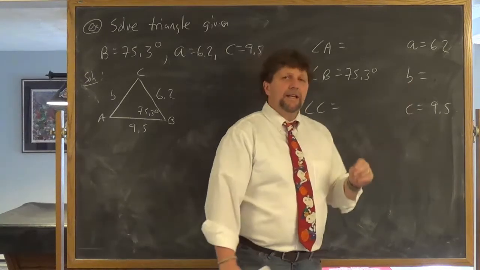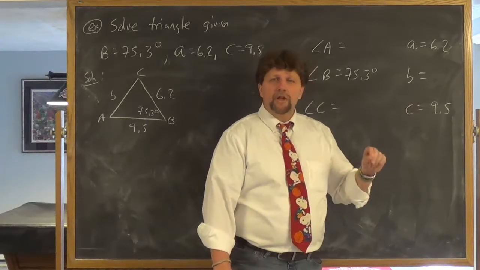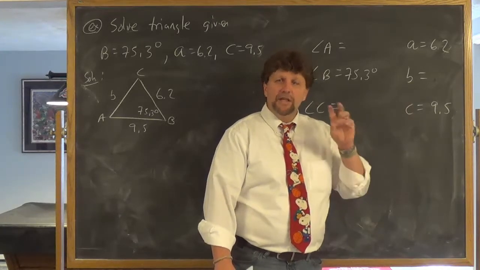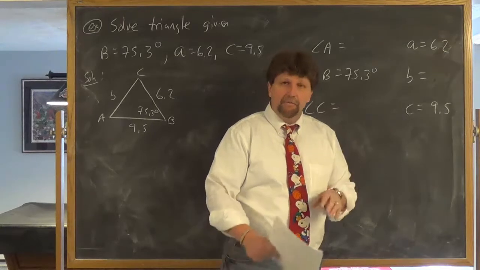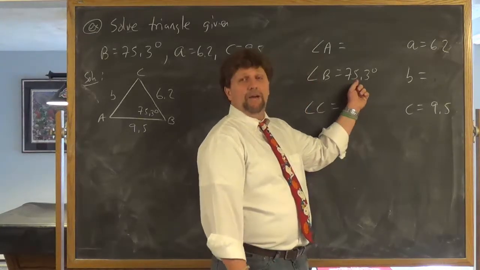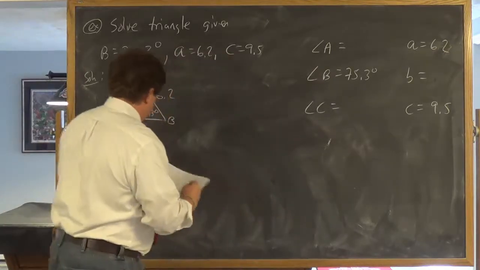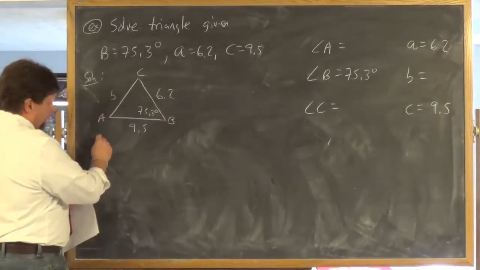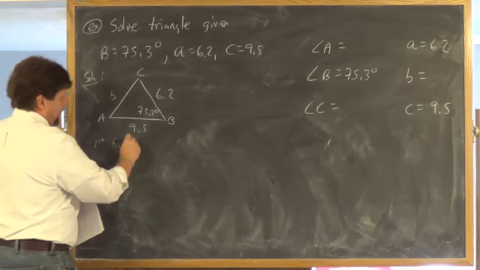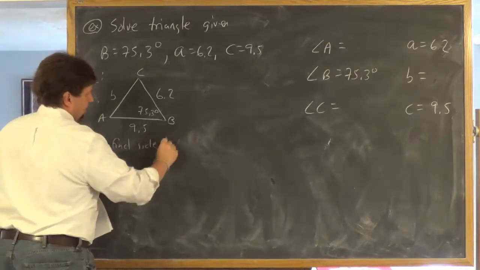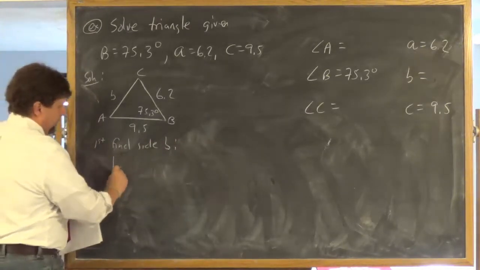Since the missing side is side B, I want to use the version of the law of cosines that involves B in it, solving for B, and knowing angle B. So first we're going to find side B. I'm going to use this version of the law of cosines.